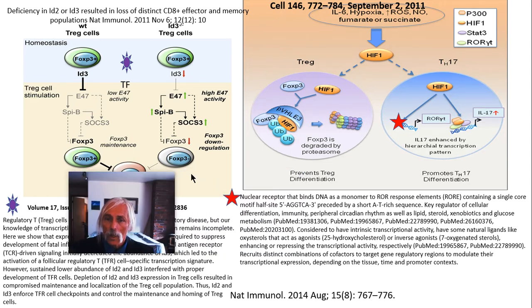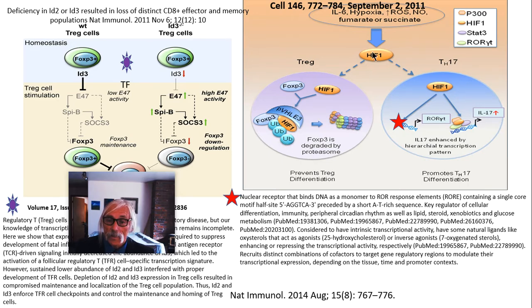All right, so when you have interleukin-6 and hypoxia up here, you're going to produce the hypoxia factor, this HIF1, okay? And so what's that going to do? In Treg cells, it's going to interact with FOXP3, and then it's going to generate this entire complex of proteins, with FOXP3 in association with the HIF1, and then it's going to become ubiquitinated.